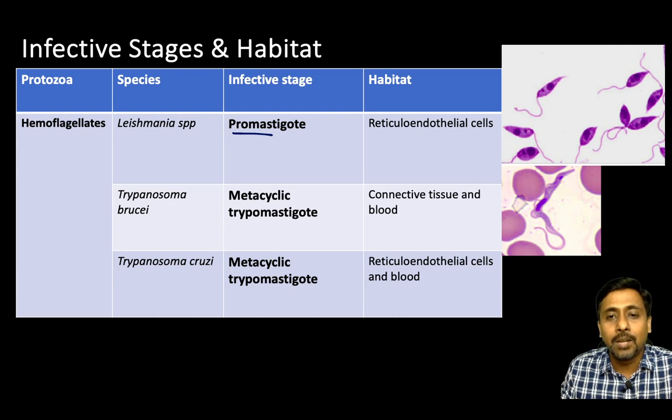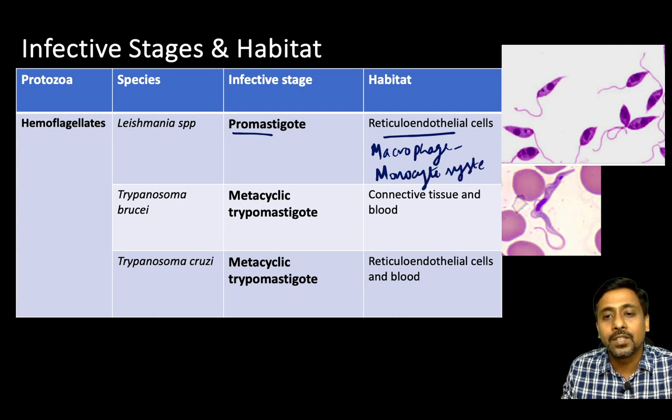The normal habitat is the reticuloendothelial system, including liver, spleen, lung, macrophages and monocytes. So we can also say they can be present in the macrophage-monocyte system.